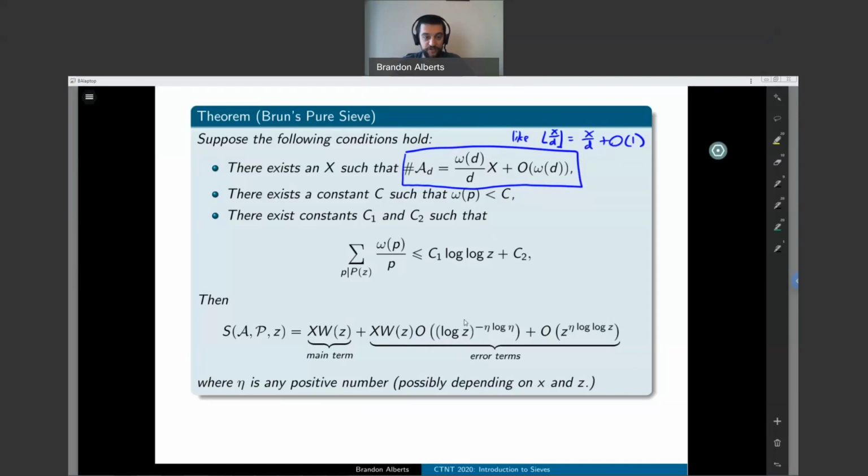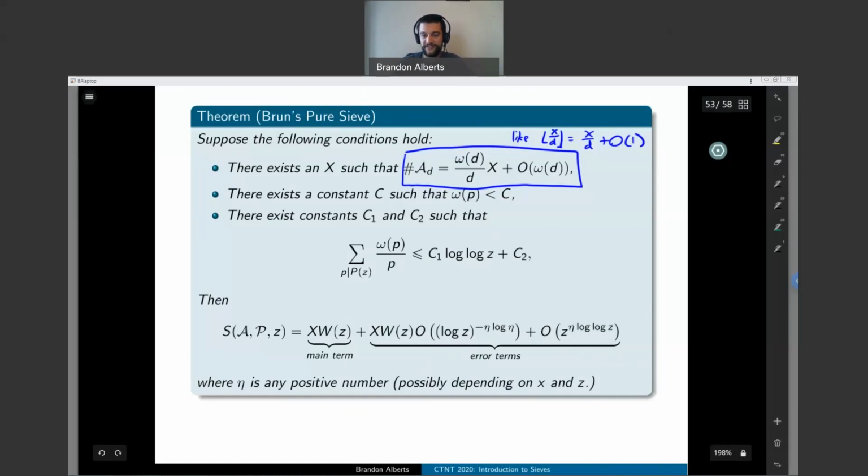So this error term is automatically smaller than the main term. We don't really have to think about it that much. It's this other error term that's the improvement. This is the one that we want to say, well, this is better than the old error term. We notice, looking at this, that there are no x's listed here. This really just has to do with z's.